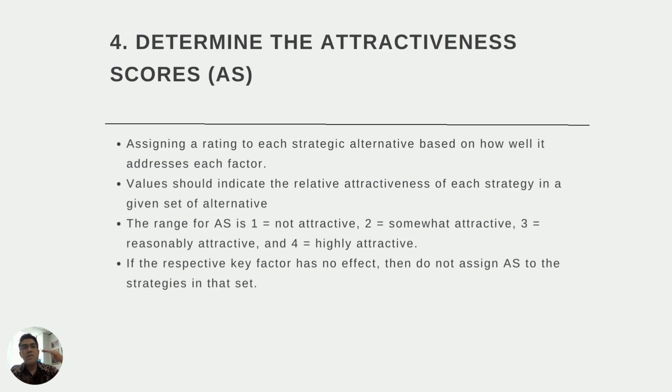If the respective key factor has no effect on that particular strategy, we do not assign any attractiveness score to that strategy in that particular set. We are going to have a much clearer understanding when we perform this in our next video.